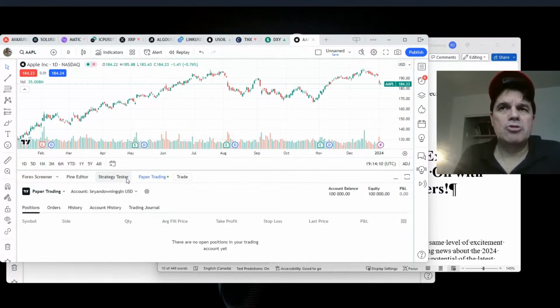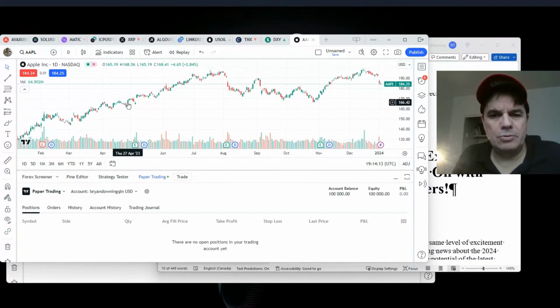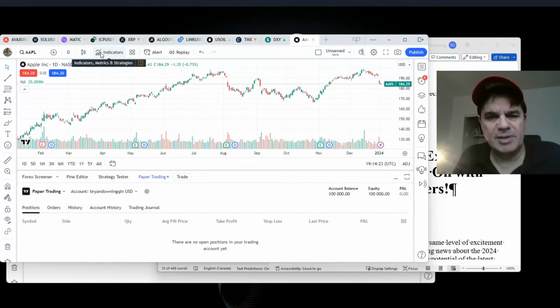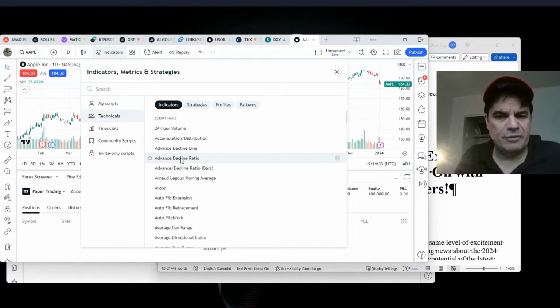There we go. So first thing, if you're new to TradingView, there's so many number one things I love about TradingView, but right now the big one that I really liked, that I was blown away with the prior platform I used, this one's even like a million times more. Okay, so if you come under indicator, what we're looking for is to backtest.